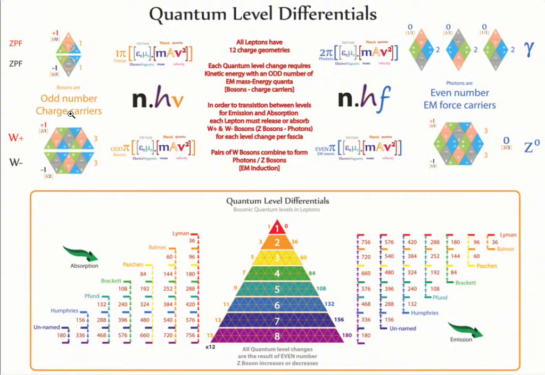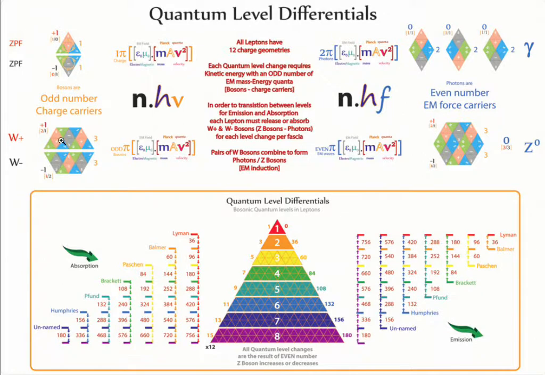Again, noting that the changes of energy levels require specific odd-numbered quantum bosons to be added in order to create the squared energy levels, and it's the release of these odd-numbered bosons that creates the even-numbered photons that we measure in spectral lines. Again, 2 quanta, H nu, gives us 1 frequency, HF.